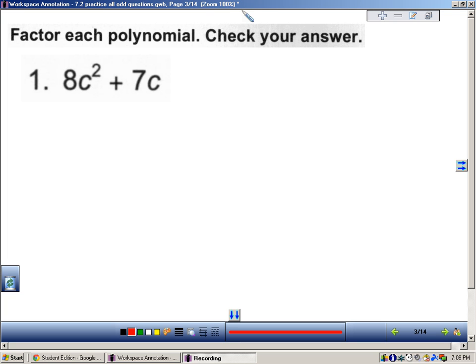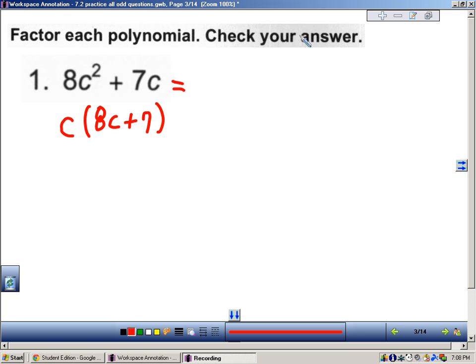Factor each polynomial, check your answers. So we've got to check our work here. No grouping necessary here. Just identify the lowest power, since the 8 and 7 have nothing in common. This would be c times 8c plus 7.